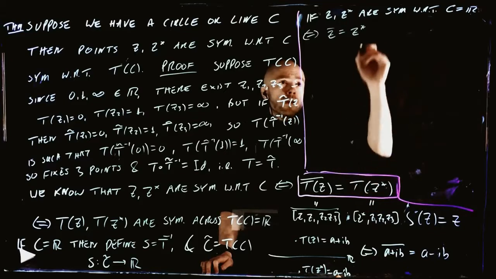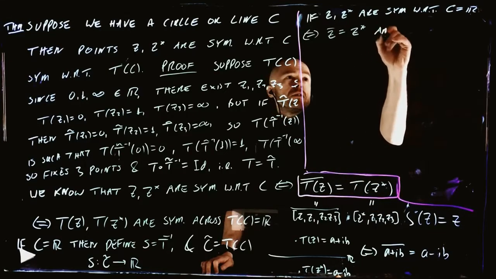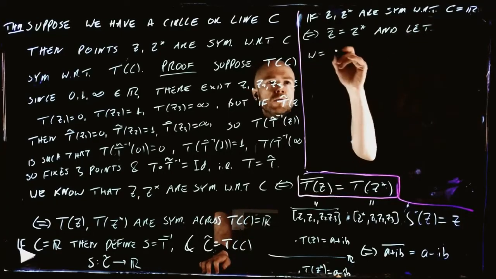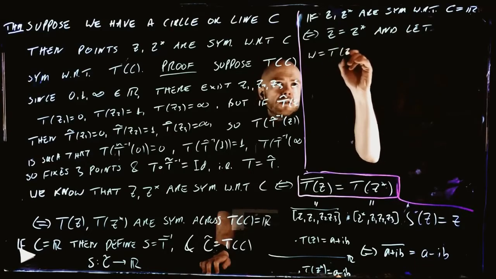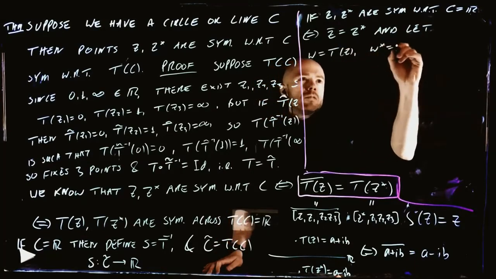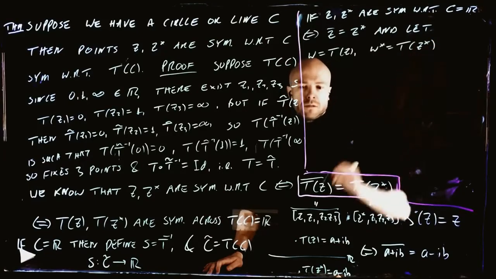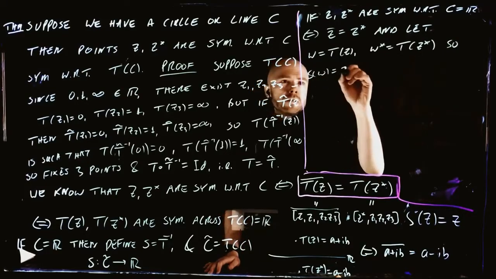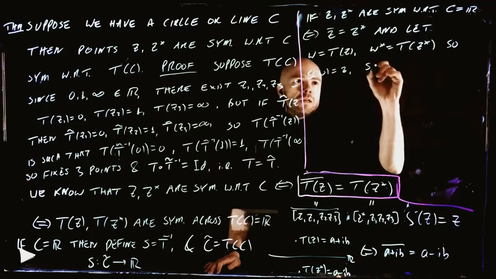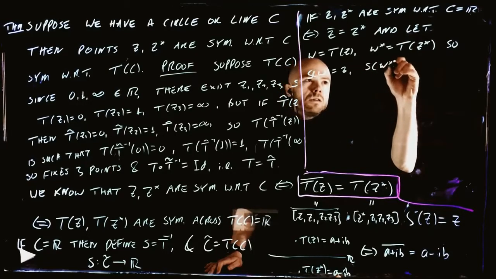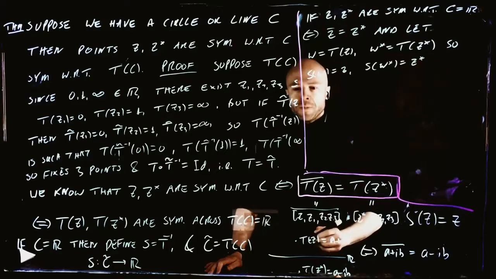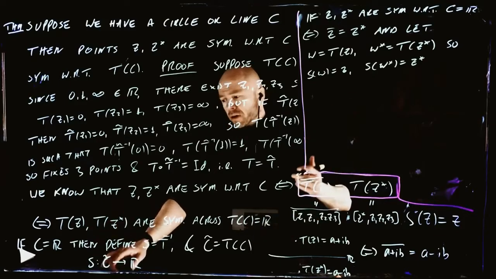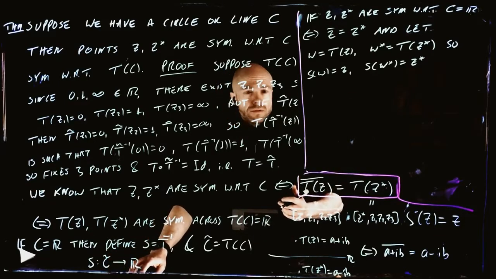That's exactly symmetry across R. And let W equal T of Z and W star equal T of Z star. So S of W equals Z and S of W star equals this thing. And now we have S is a Mobius mapping from some line or circle, C tilde, into R.